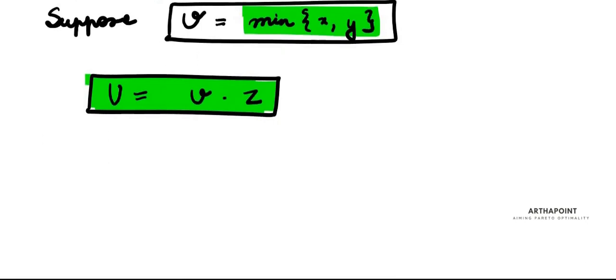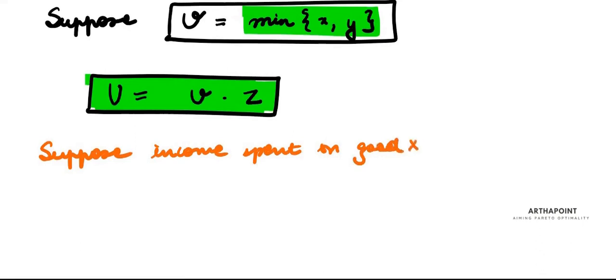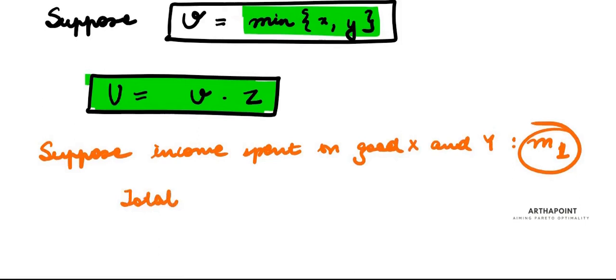And now I say that suppose the income spent on good x and y is M1. I am introducing a 2-step budget. So my total income was M. I know x and y are complementary goods, so x and y will be equally consumed. But totally on x and y, I am spending M1.